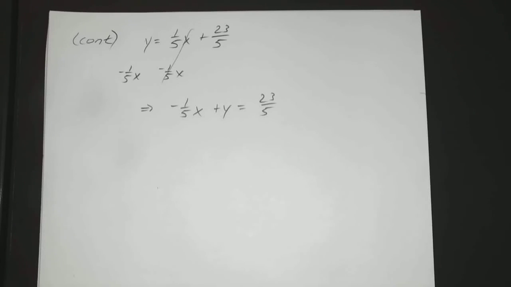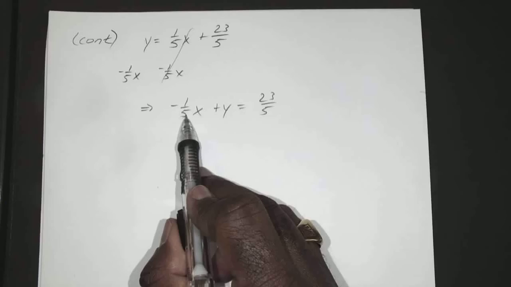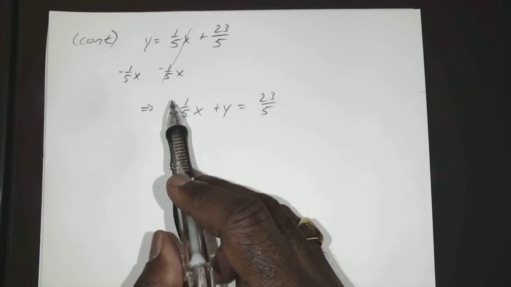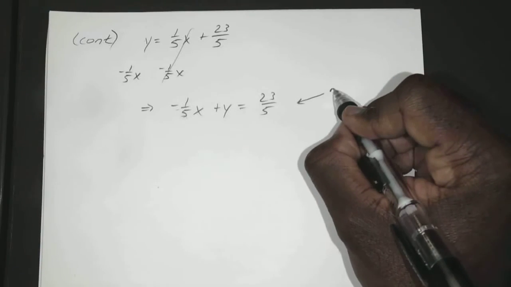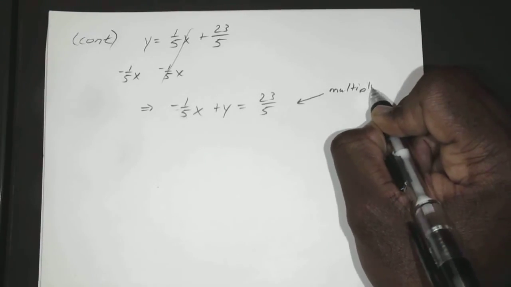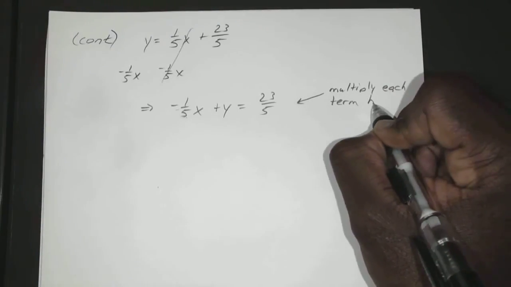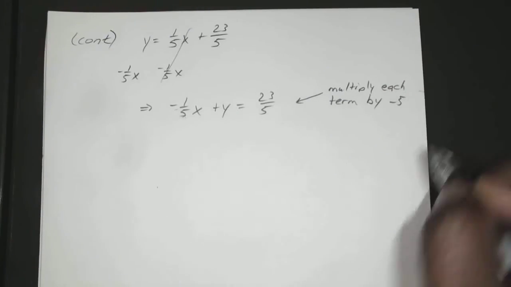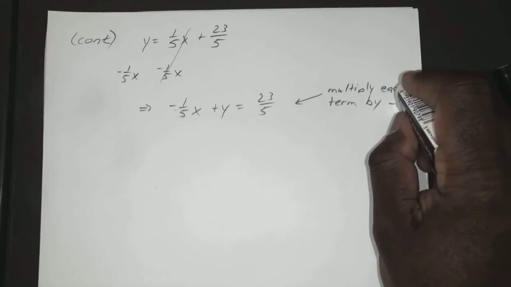So you want to get rid of the fractions. So you want to multiply by whatever the denominator is here. Plus, you want to get rid of that negative. So you want to multiply each term by negative 5.